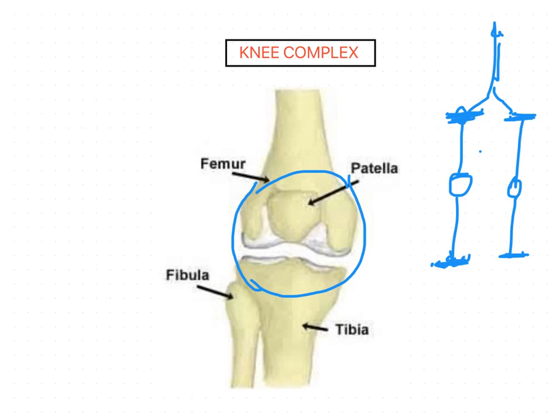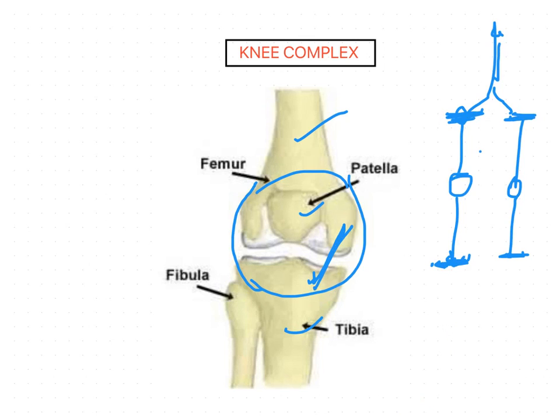As we know, the knee complex is formed by the articulations of three bones: the femur, tibia and the patella. Inside the capsule, one joint is between the tibia and femur.